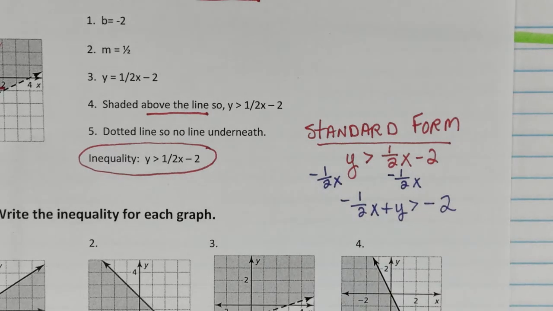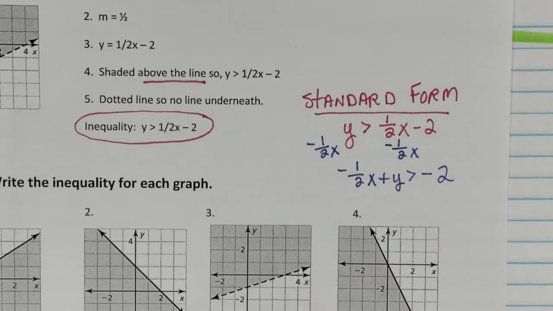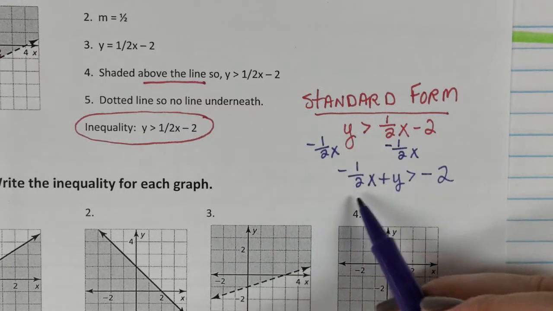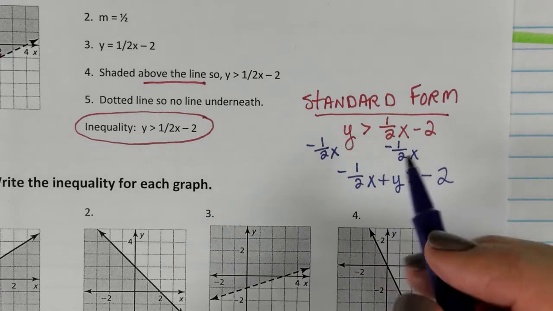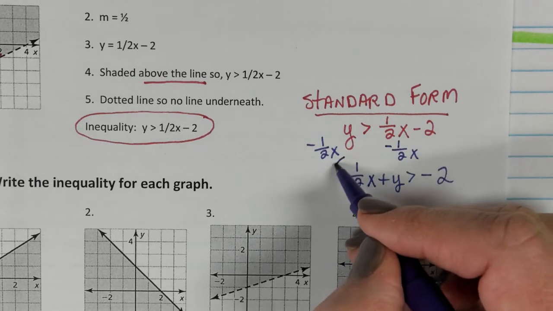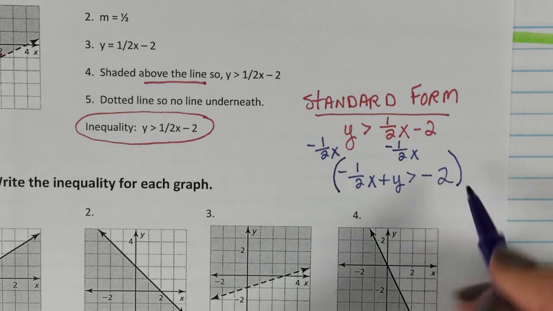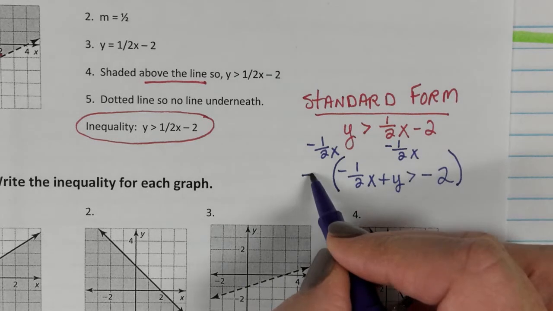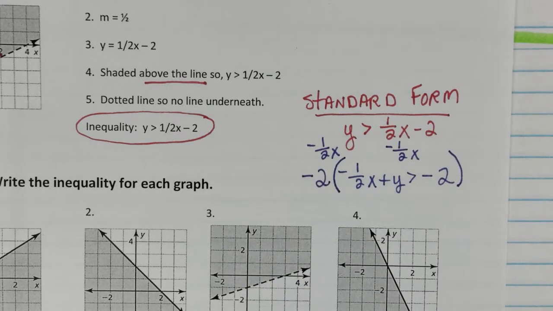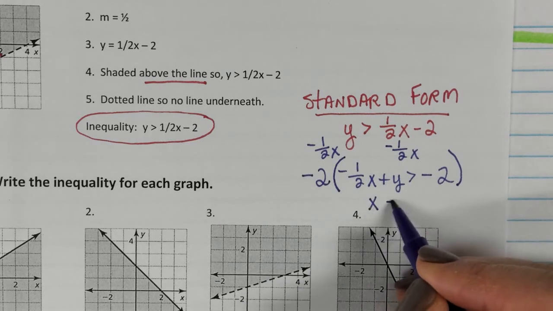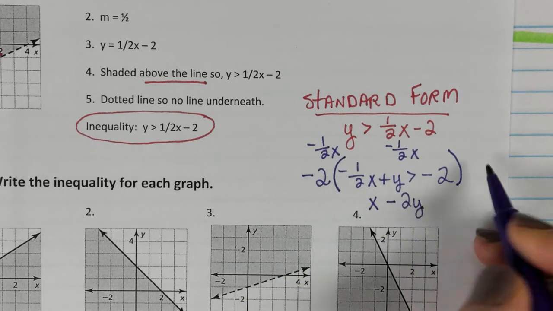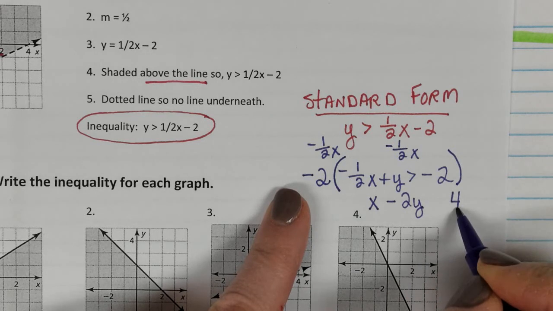Now you could possibly have an answer choice like that, but remember, we want our a value, number one, to not be a fraction, and number two, not be negative. So I'm going to multiply this whole inequality by -2. And so that's going to leave me with x minus 2y and 4.